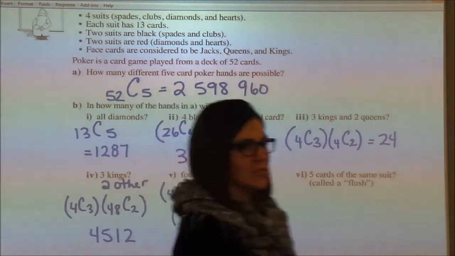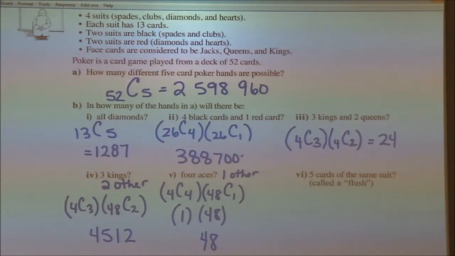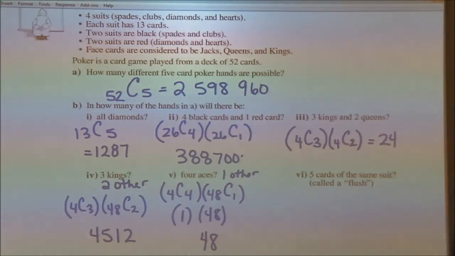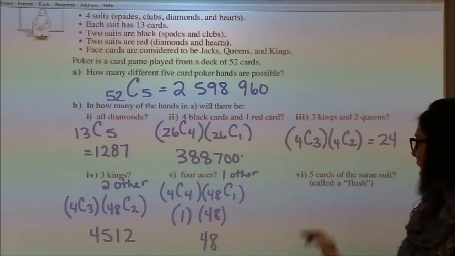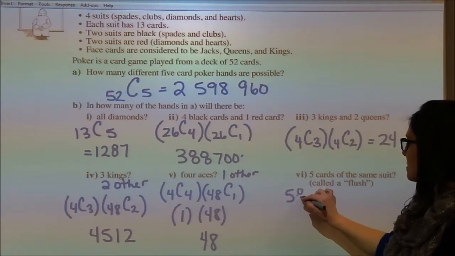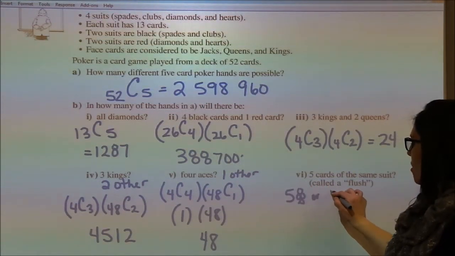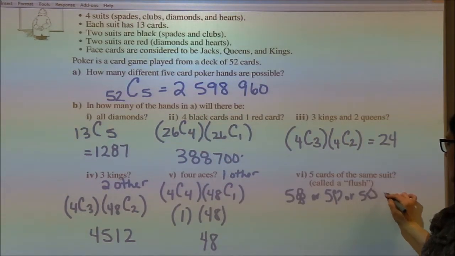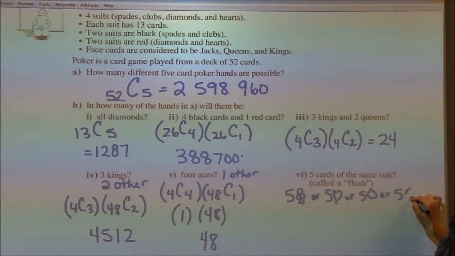5 cards of the same suit. It's called a flush. So what that means is I could have 5 clubs or 5 hearts or 5 diamonds or 5 spades.